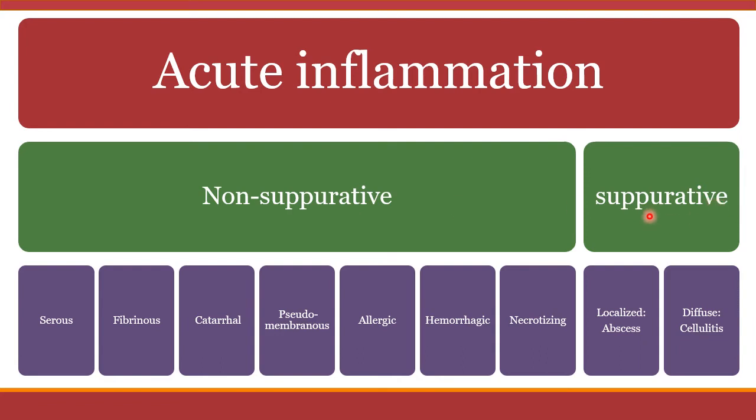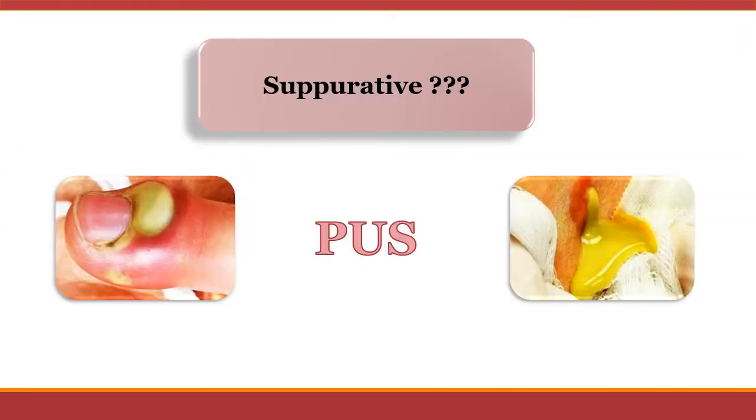So to know what are those types, we need to understand what is the meaning of suppurative. Then we can explore the different types. So what is the meaning of the word suppurative? Suppurative inflammation means that this inflammation is associated with formation of a material called pus. The word pus means certain fluid that is yellow, creamy, and it has certain composition.